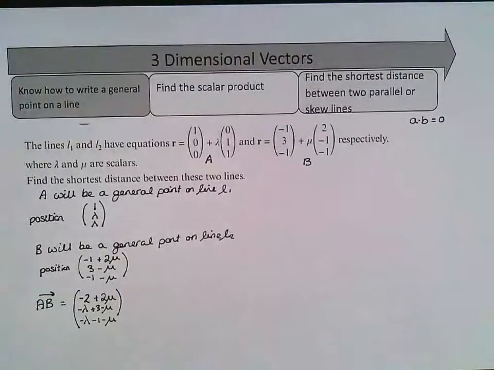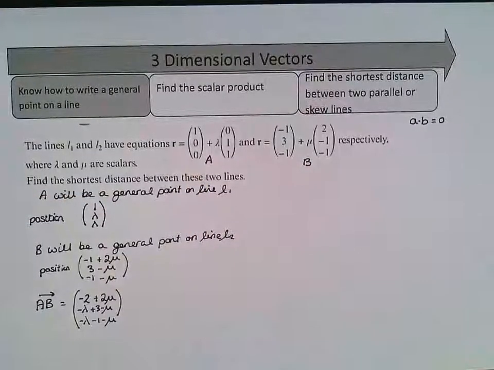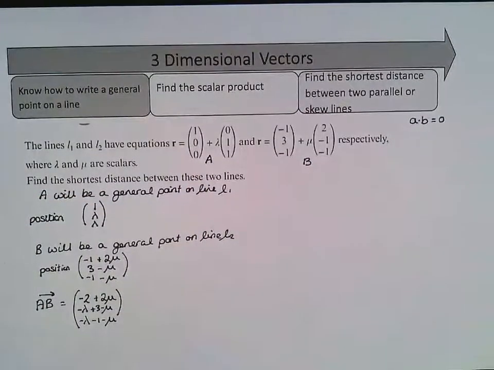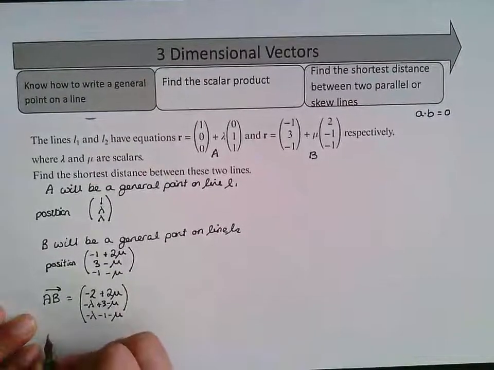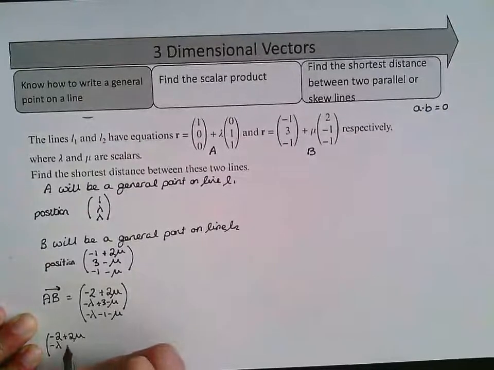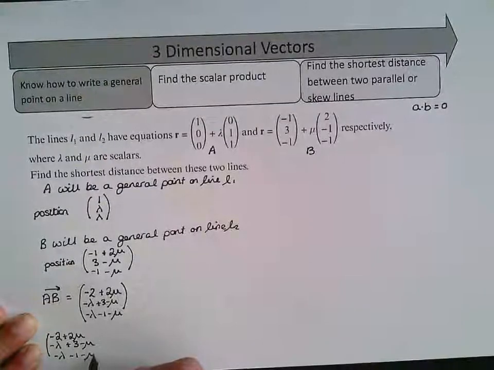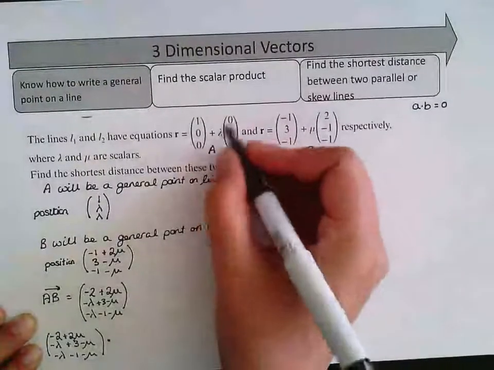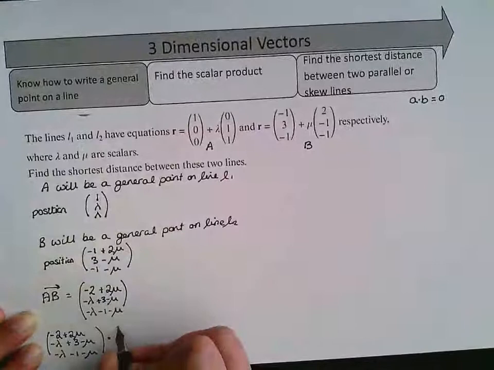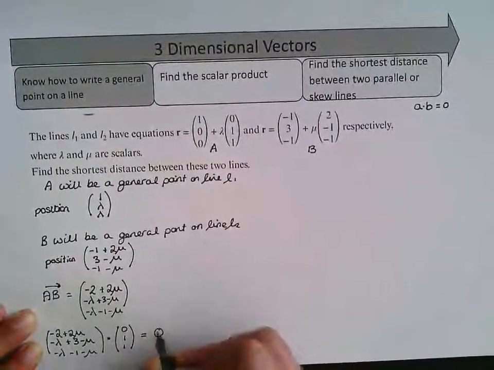Now, we know the movement vector will be perpendicular. This distance, if we want it to be the shortest between these two lines, has to meet those two lines at 90 degrees. So if I take this movement vector and dot product it with line 1, I know it will come out with 0.